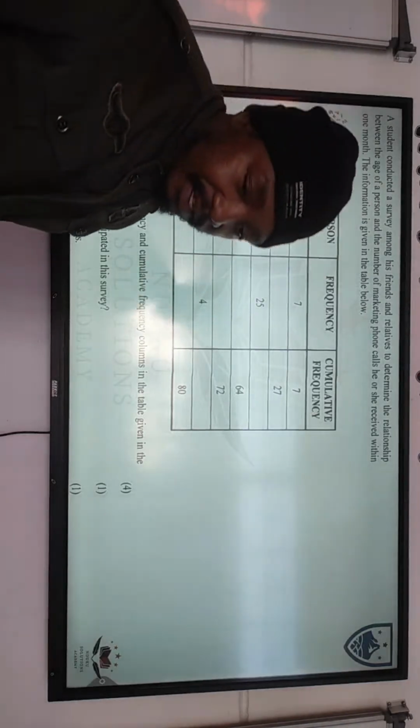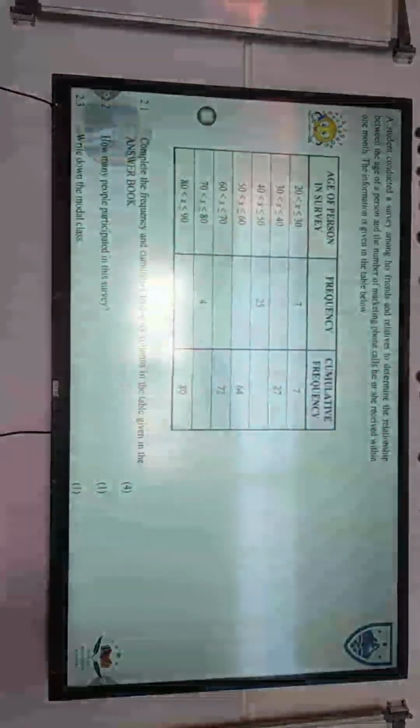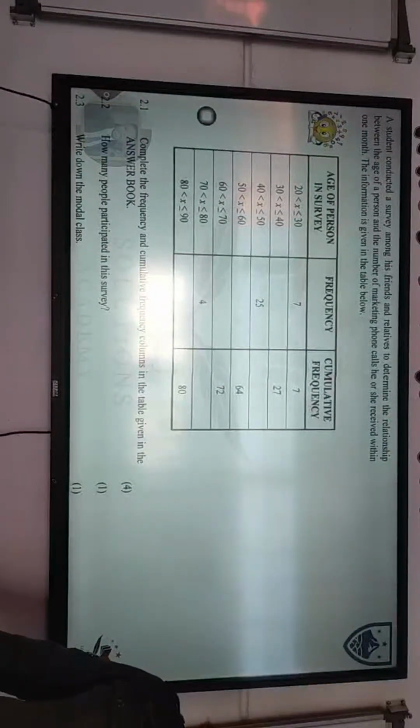We have the frequency table. Can we just try to fill it very quickly?